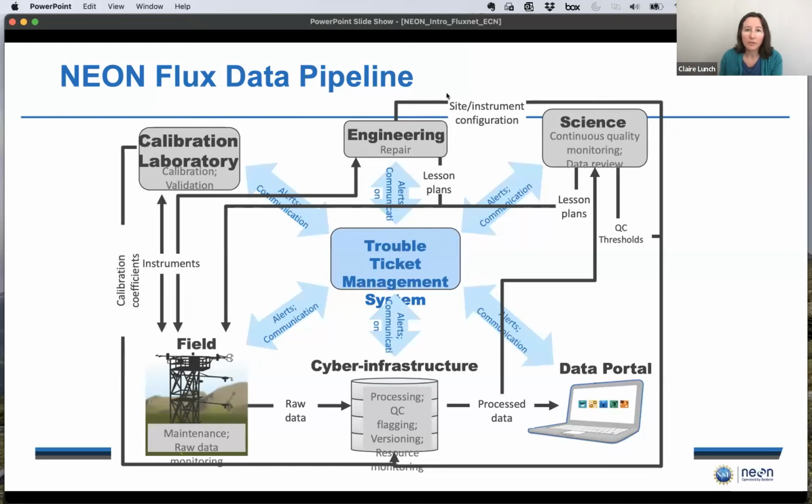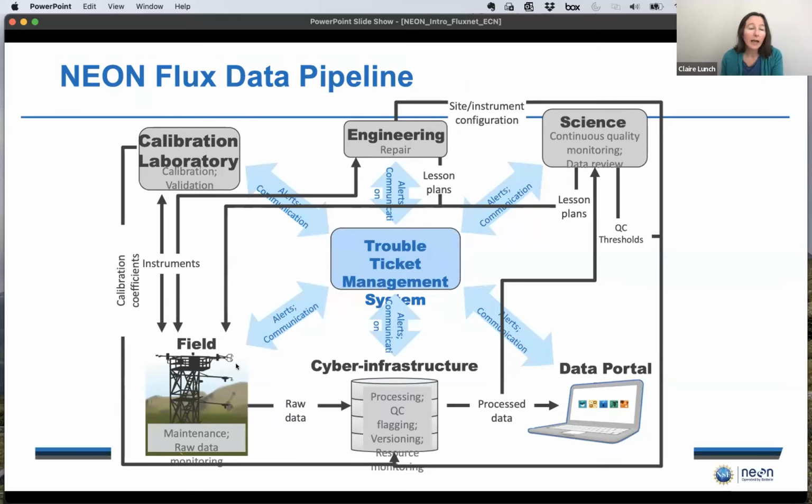So a lot of the top of this slide is actually focused on things that happen before the data are collected. So, all of the instruments have to be calibrated. There's engineering to make sure that the towers are set up and maintained properly. That all feeds into the tower being set up with appropriately calibrated instruments.